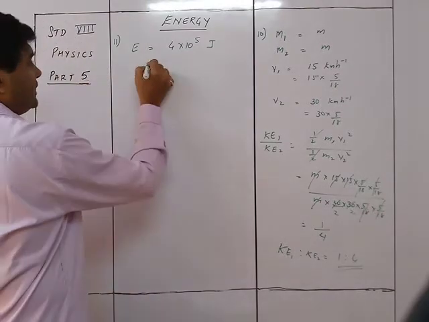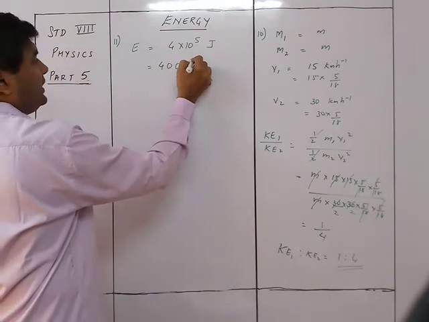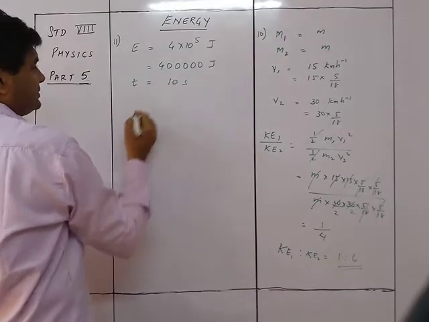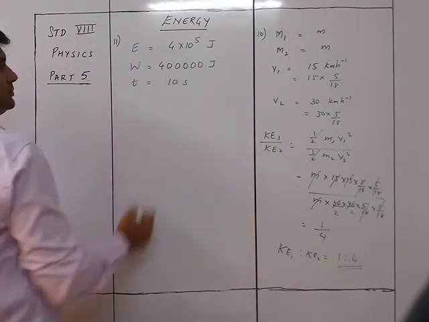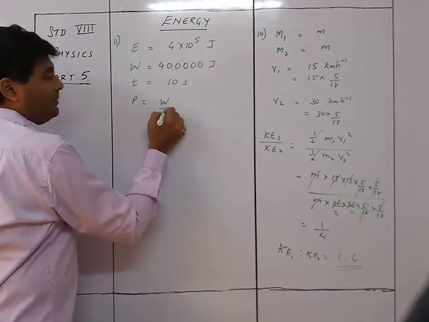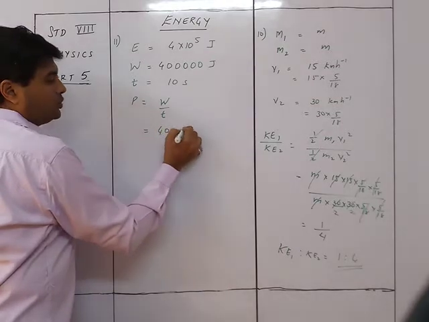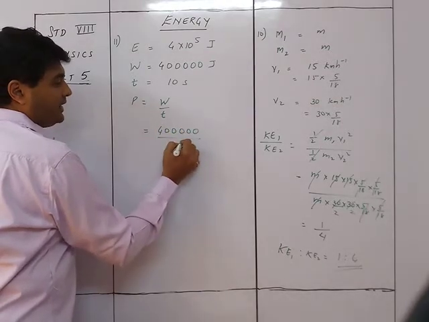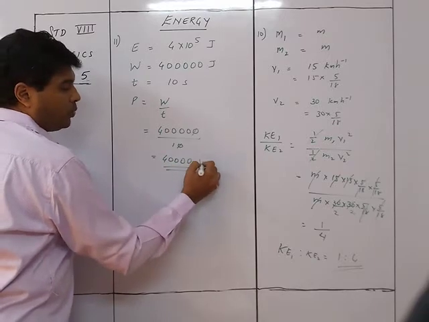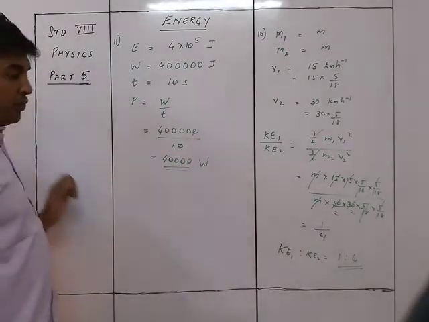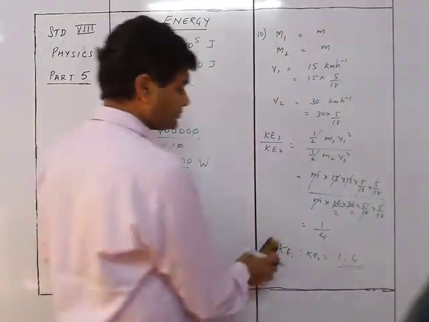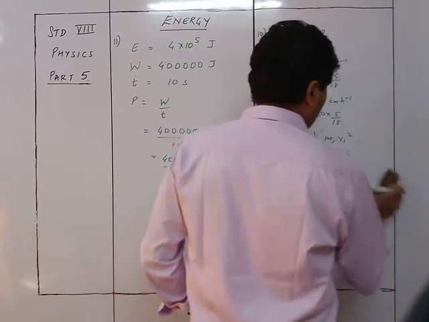The time taken is 10 seconds. Energy is equal to work done. Power is equal to work upon time, which is 4 into 10 raised to 5 upon 10. That will be 4 into 10 raised to 4 watt. Sum number 11.